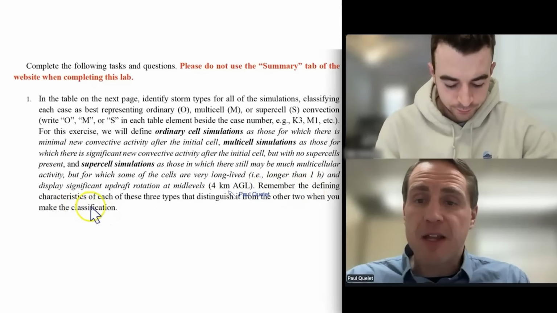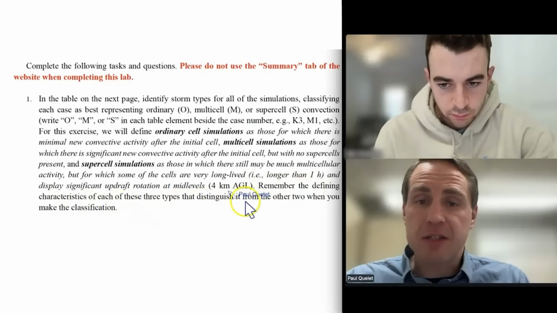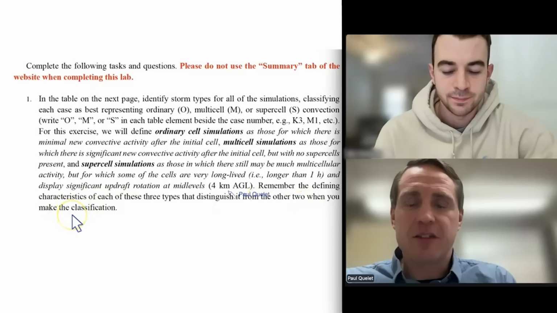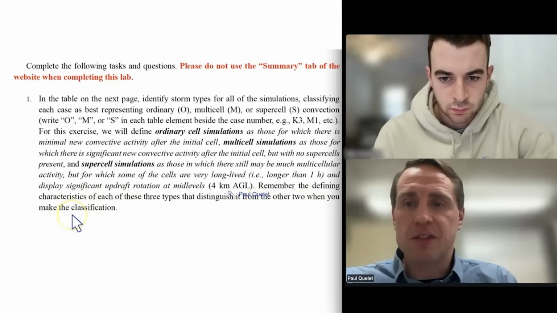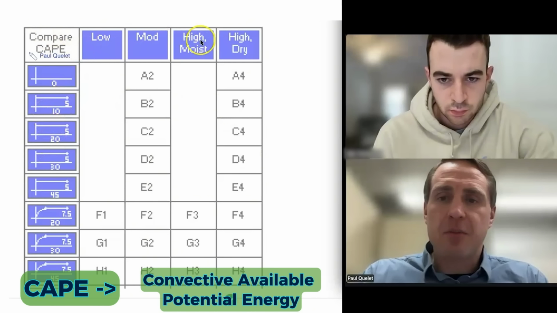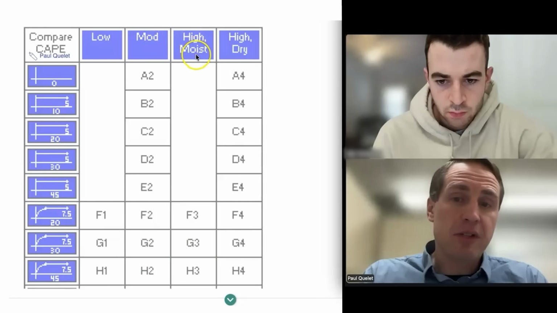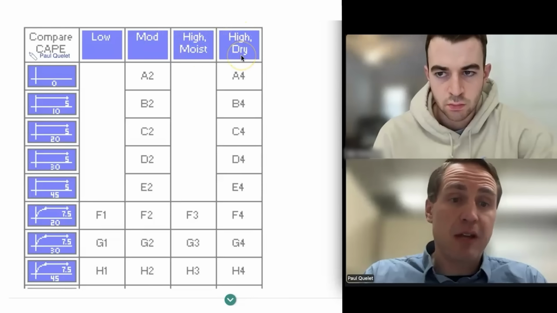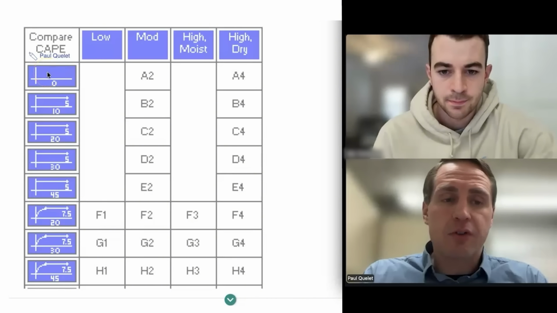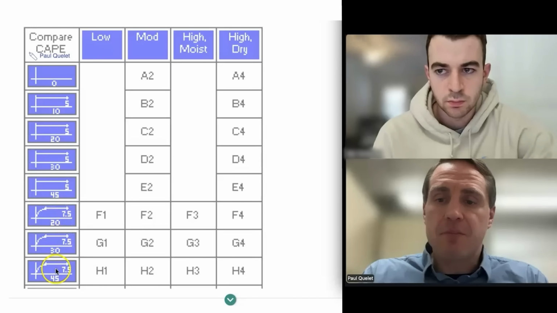Remember the defining characteristics of each of these types that distinguish it from the other two when you make the classification. So then we're going to go ahead and run these simulations. CAPE is going to be along the top: low, moderate, high moist conditions, and then high CAPE with dry conditions. Then we're also going to take a look at some hodographs.